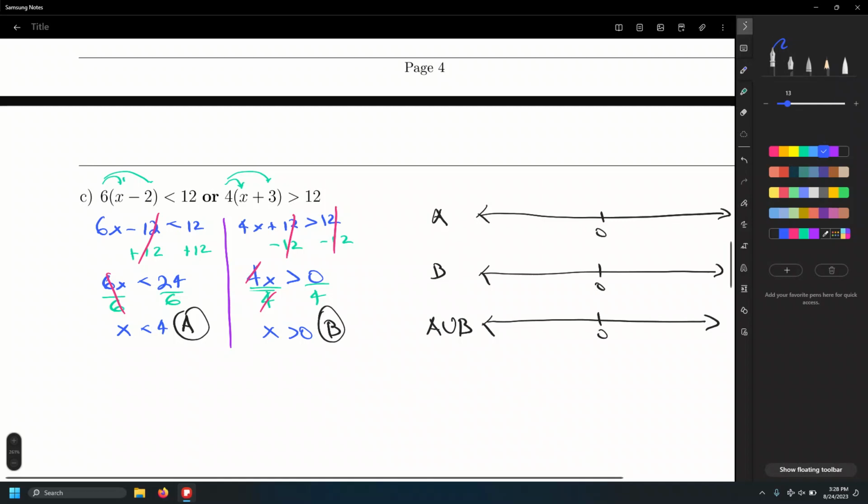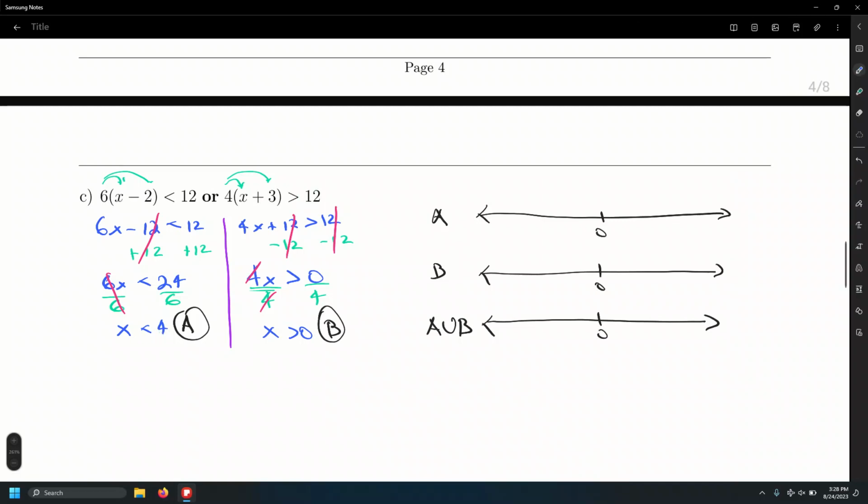So the first inequality, x less than 4. I'm going to go to the number 4 roughly here. It doesn't have to be exactly the number, just as long as you get a good number sense and it makes sense according to the well-ordering principle to have the correct order of numbers. So that's going to be the number 4. Since it's less than, we're going to go to the left.